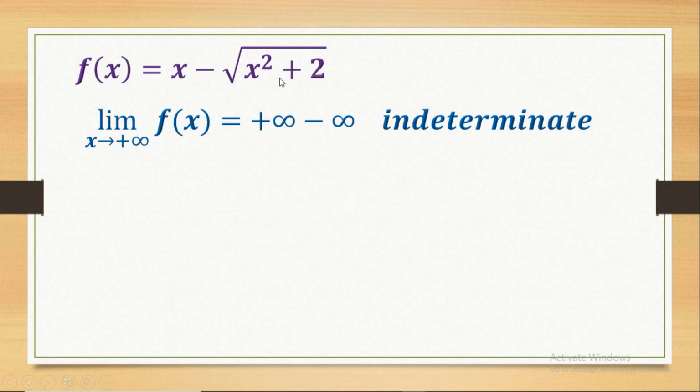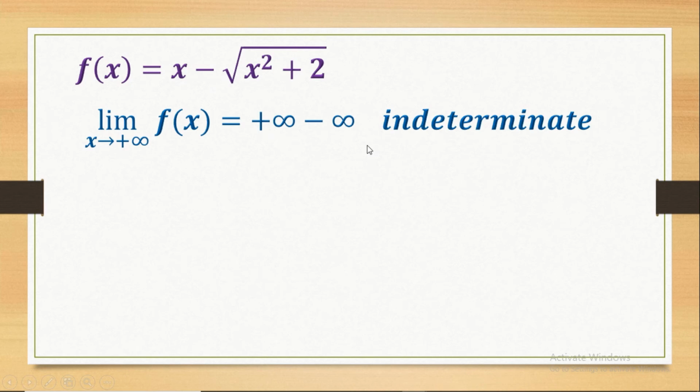Then radical x squared plus 2 will tend to plus infinity. But we have minus here, minus times plus is minus. So minus radical x squared plus 2 will tend to minus infinity. But here we are having x which tends to plus infinity. Now plus infinity minus infinity is an indeterminate form.